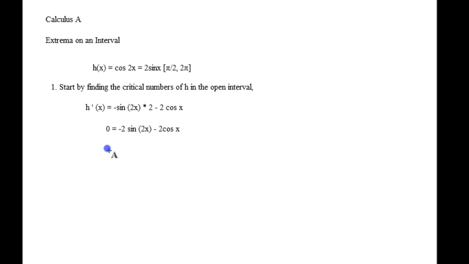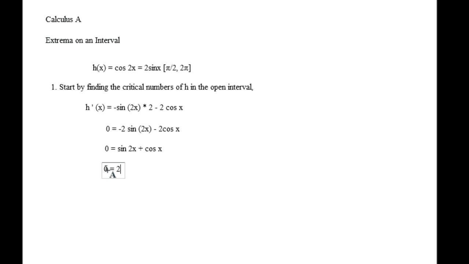Now, first off, we're going to transform that by using our identities. Well, we could actually divide both sides by negative 2 so that we're just left with sine of 2x plus cosine of x. Then we can transform it by using the double angle definitions.